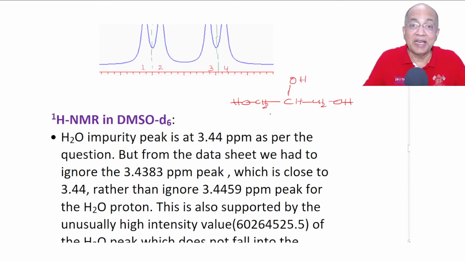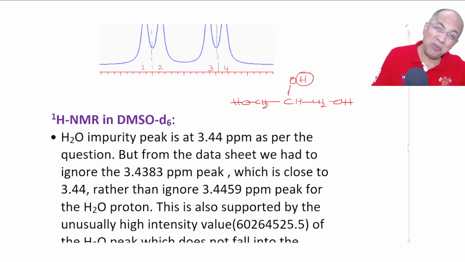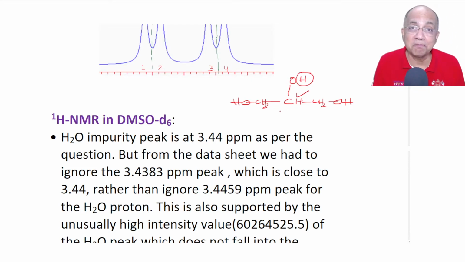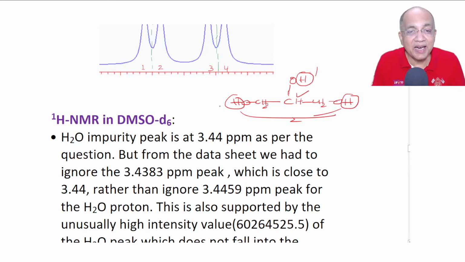So you are getting two OH proton peaks. One OH proton peak is here at the extreme downfield. It is a doublet because of this J3 coupling. We will find out all the coupling constants. And these two are equivalent, and their integral ratio is 1:2. And that is a triplet.